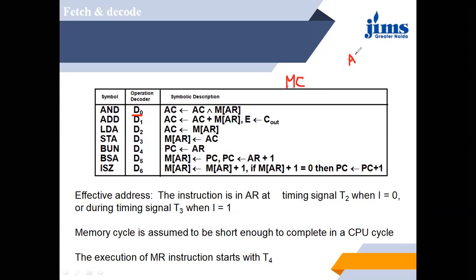So what the system will do is go into the memory at this register, address register, and access the values, the content from this memory, and it will perform an AND operation with the accumulator, because we discussed that all the operations are going to be performed in the accumulator.